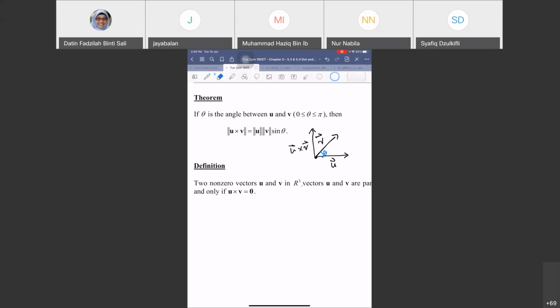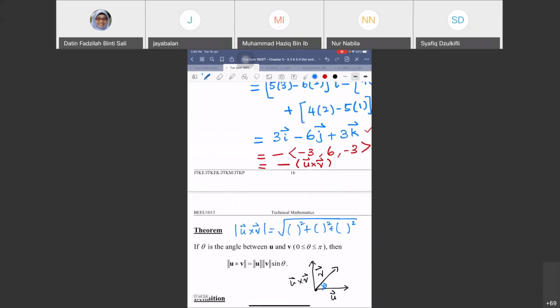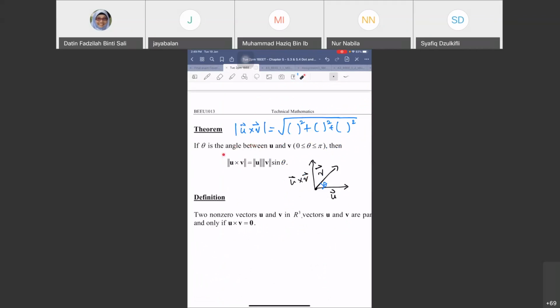If you want to find the magnitude of the cross product, which is a vector, and I ask you for its length, you use this formula with the components. But the theorem down here provides a definition or formula to find the magnitude of the cross product from the geometric interpretation.